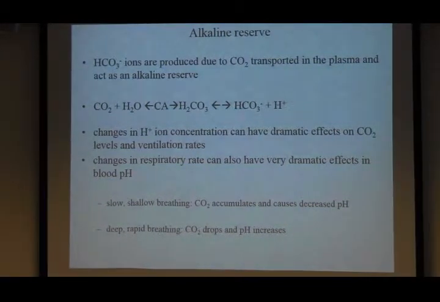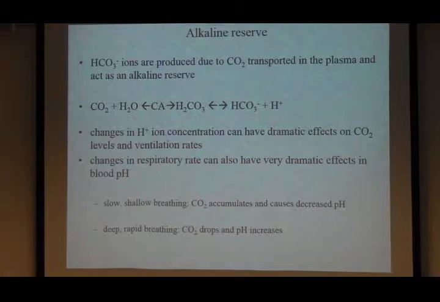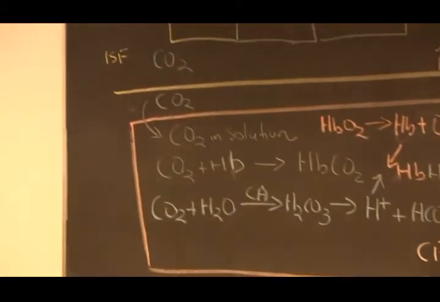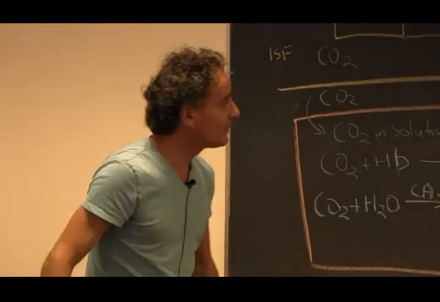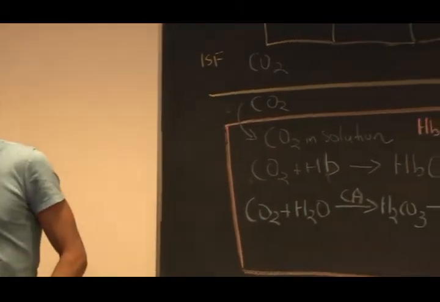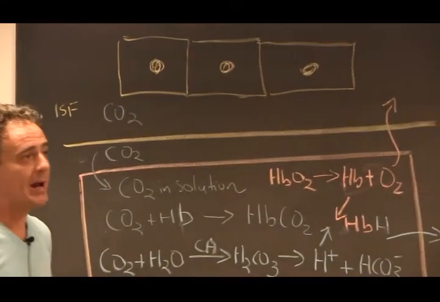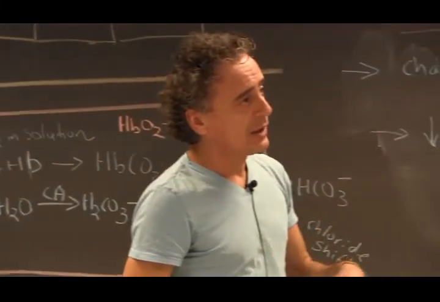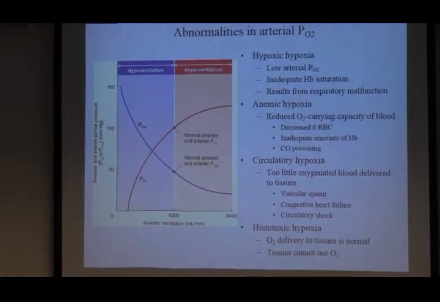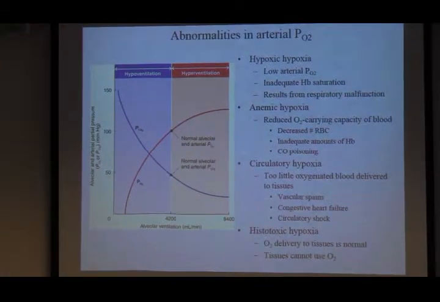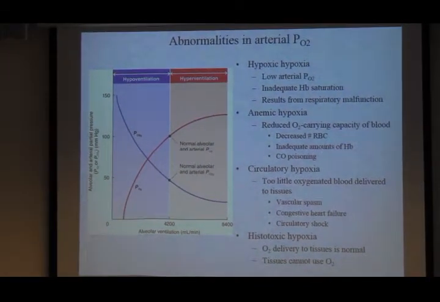At this point, we've pretty much covered the ways in which CO2 is transported and the significance of the fact that it's transported in the form of bicarb, in other words, the alkaline reserve. And we'll wrap this discussion by outlining some abnormalities in arterial PO2 and some abnormalities in arterial PCO2.